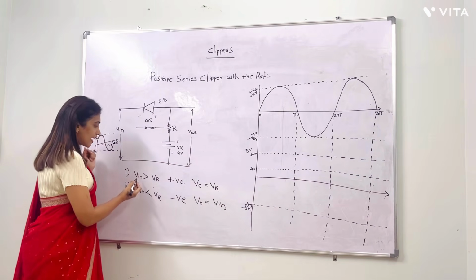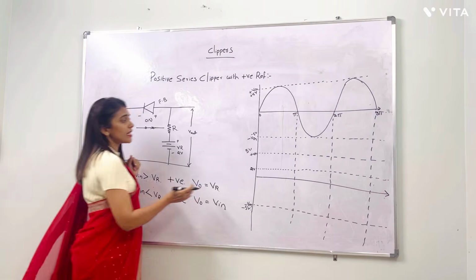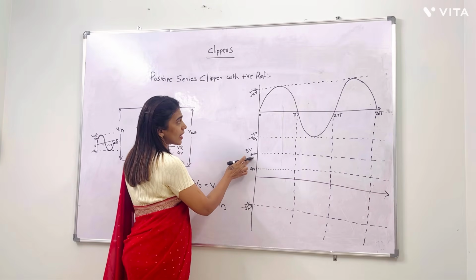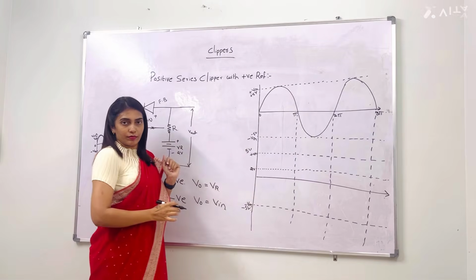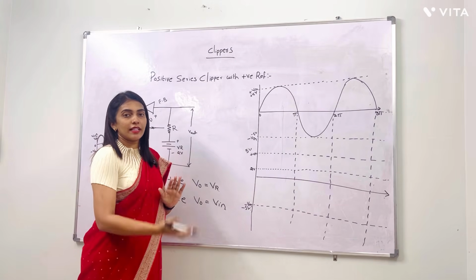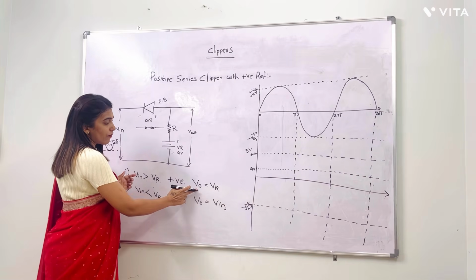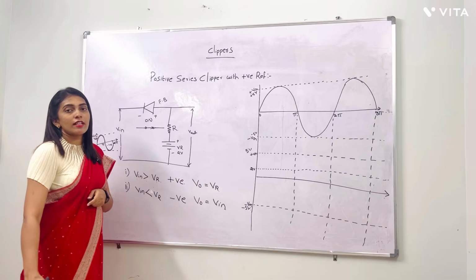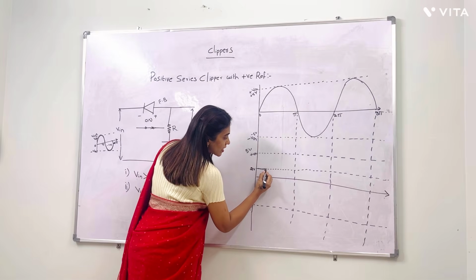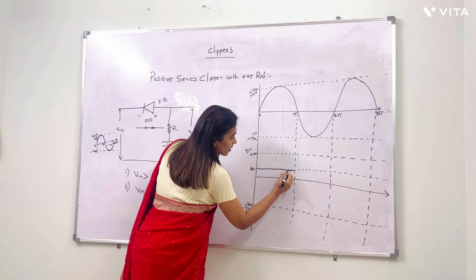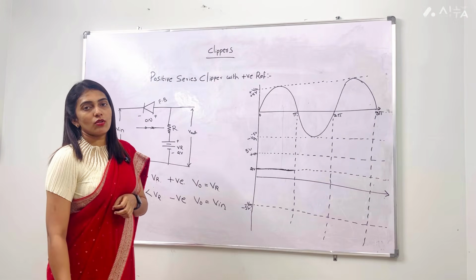First condition, Vin greater than VR, means the input is above the reference voltage, which means the input signal is on the positive side. Then obviously Vo is equal to the reference voltage. Here the reference voltage is 2 volts, so the output is the same as the reference voltage.